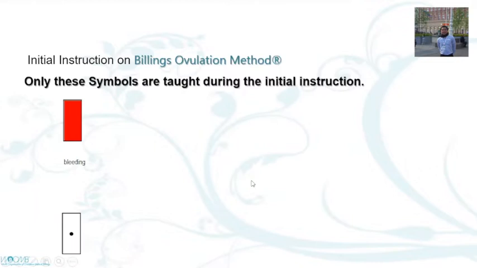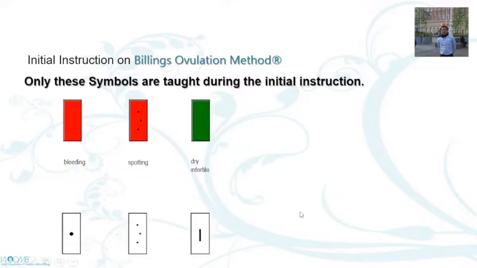The red color symbolizes bleeding, or a shaded circle. You may use three dots for spotting. If the sensation is dry and nothing is seen, nothing is felt, the color is green, or you may use a straight vertical line, signifying dry, infertile.